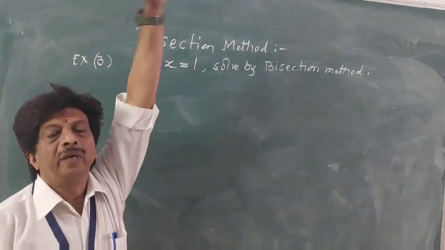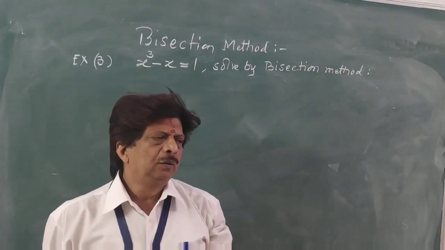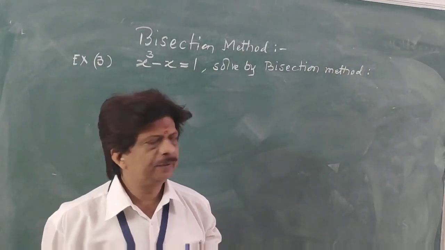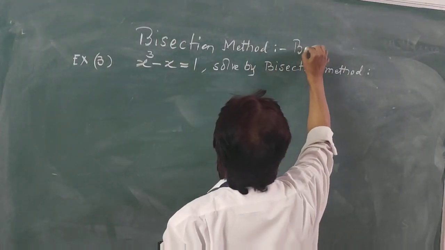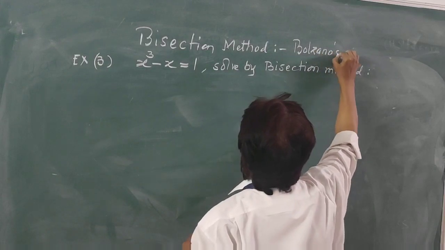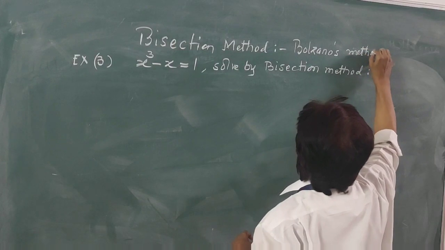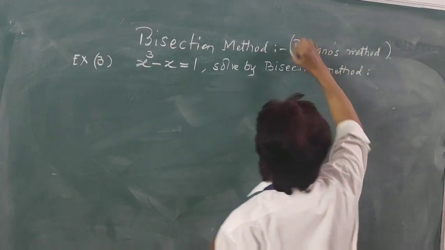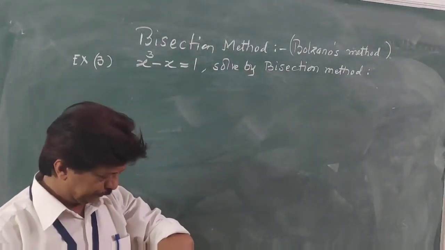It is also called Bolzano's method of bisection.